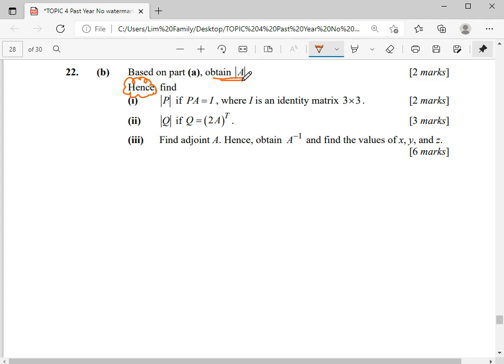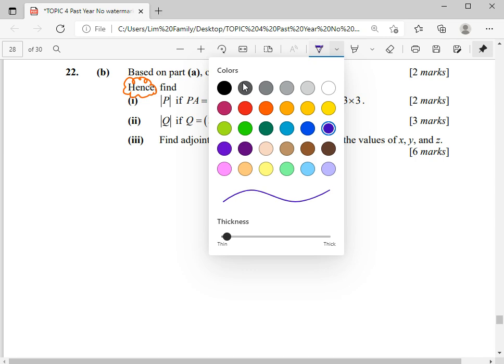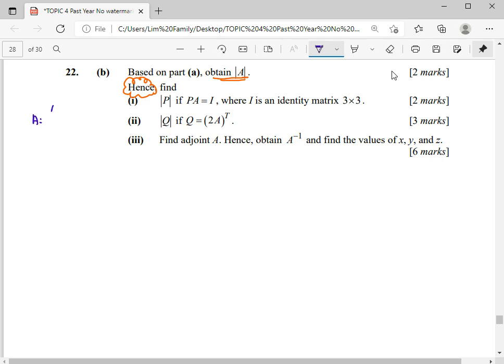So first of all, I have to find out the determinant of A. So I need to refer to my matrix A just now. I just denoted here, just now my A is 2, 4, 1, 4, 3, 7, 2, 1, 3.